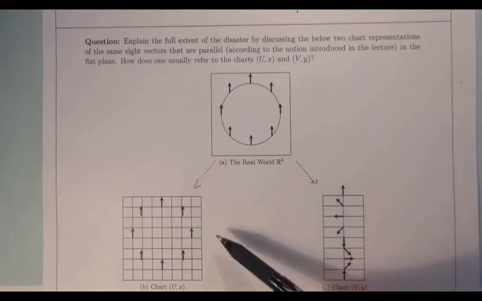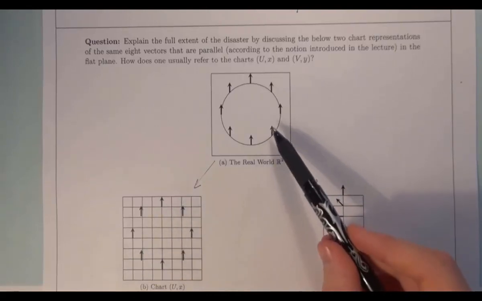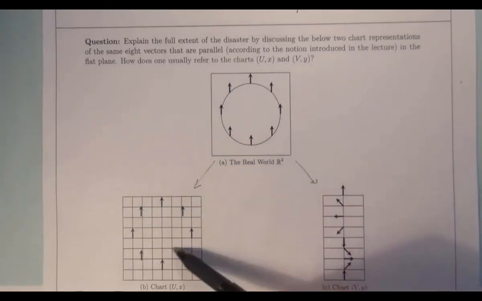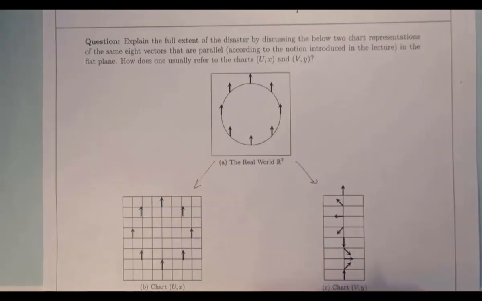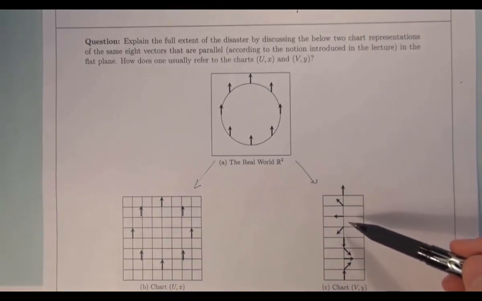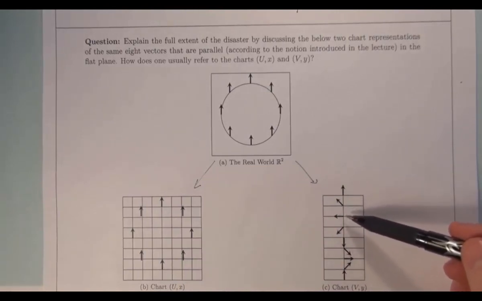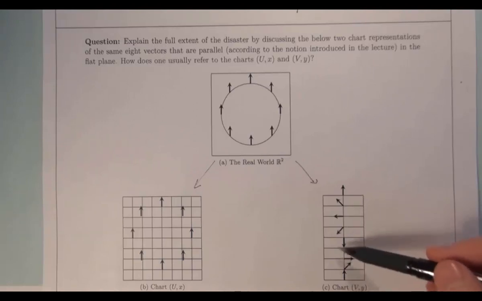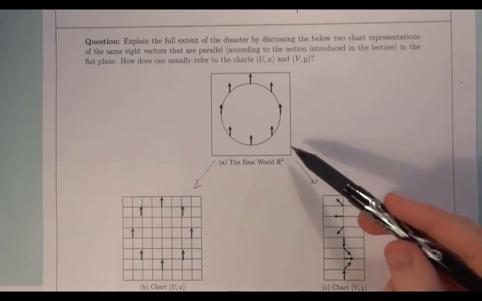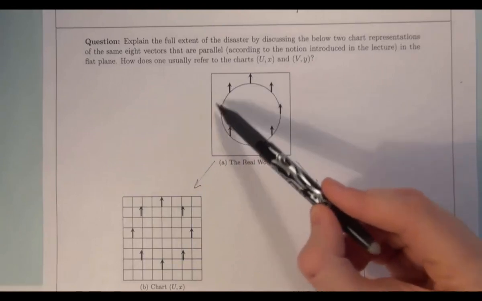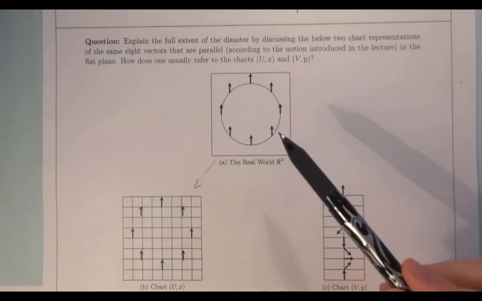So even if in one chart the parallel vectors from the real world also seem parallel in Hänschen's definition, in the other chart here, they are not parallel for Hänschen. However, for us, they are still parallel, since we know that this is only the chart representation of these vectors, but we have to decide for parallelity on the real world, so on the manifold itself, and there we can see these 8 vectors are parallel.